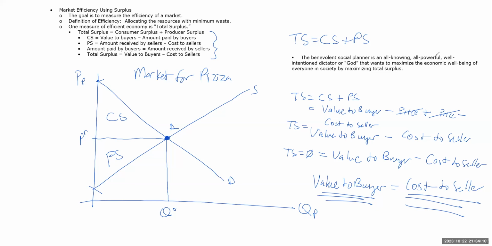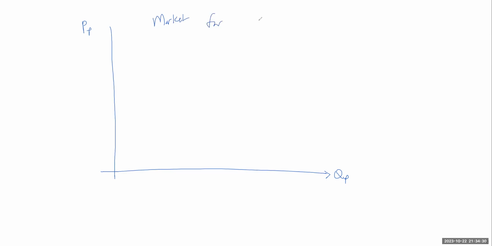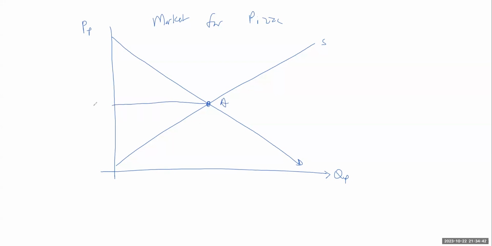Let's look at it a different way. Hopefully that made sense, but we're going to look at it a different way. Let me clear this. Quantity of pizza, price of pizza, market for pizza, demand and supply, happy-go-lucky equilibrium A, P star, Q star.